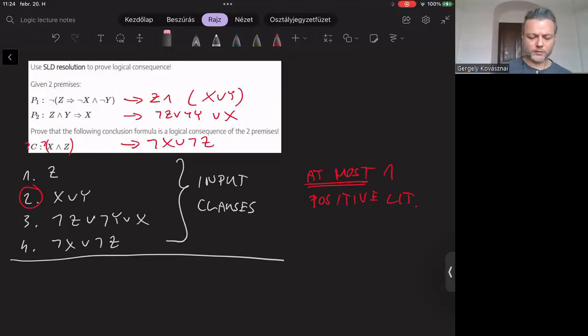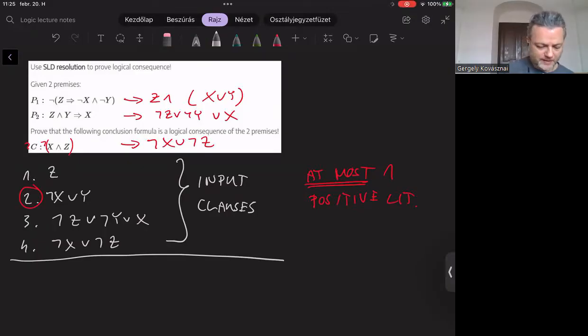Okay, so what can we do? Well, let's try to turn clause number 2 into a Horn clause. How to do that? Of course, we should try to negate one of its literals. Let's try to negate X like that. So this is now a Horn clause, but be cautious. This kind of negating of Boolean variables must be consistent.